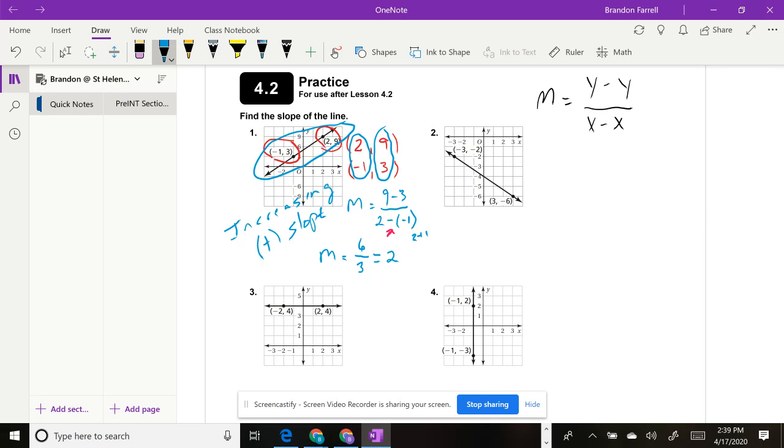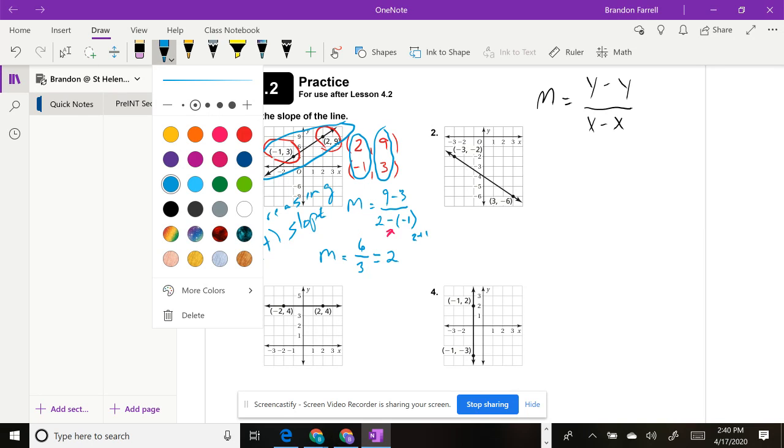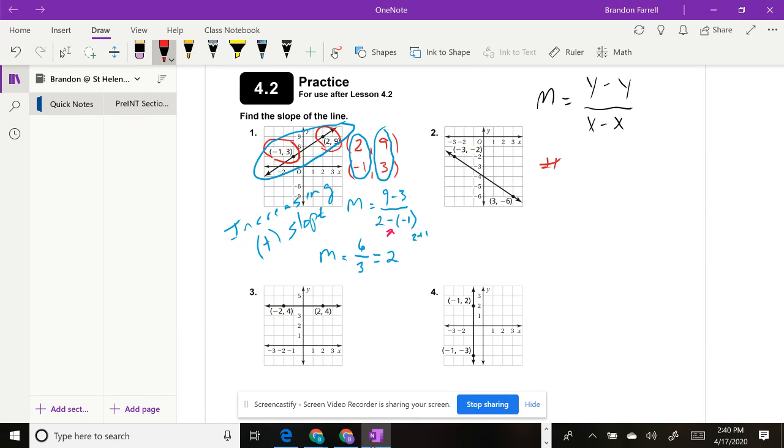Okay, all right, we move on to number 2. Number 2 takes negative 3, negative 2, and positive 3, negative 6. And you can see that this is a decreasing line.